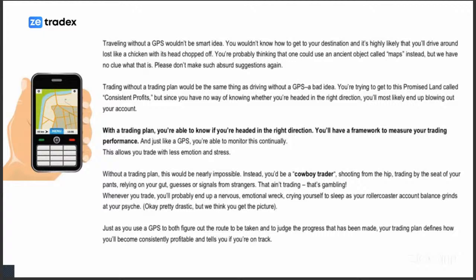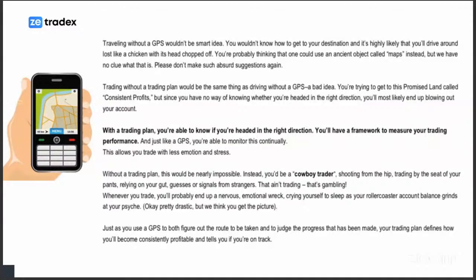You have a framework to measure your trading performance. And just like a GPS, you're able to monitor this continually. This allows you to trade with less emotion and stress. Without a trading plan, this would be nearly impossible, because instead you'd be a cowboy trader shooting from the hip, trading by the seat of your pants, relying on your gut, guesses or signals from strangers. That's more or less like gambling.